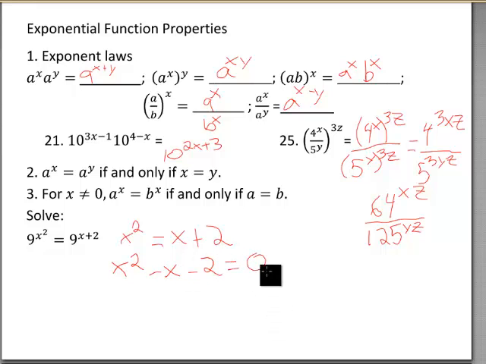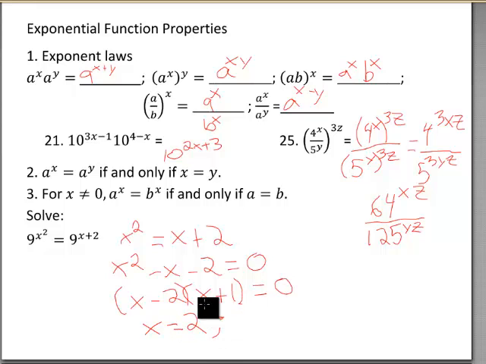And there we have it. We have a quadratic we can solve. Thankfully, this one's factorable, like so, -2 and +1, leaving us to find the zeros of each of these factors individually. So this whole thing will be 0 if the first thing is 0, and that happens when x equals 2.